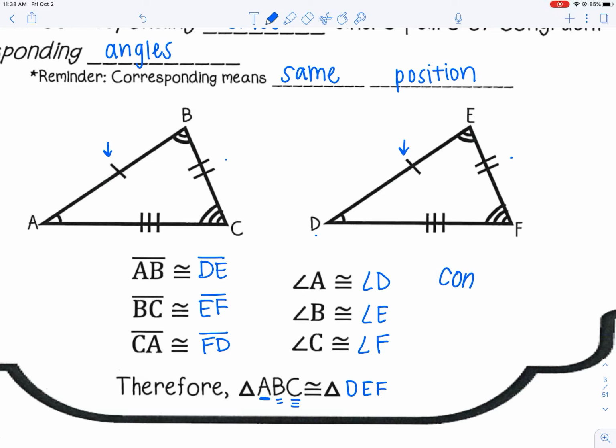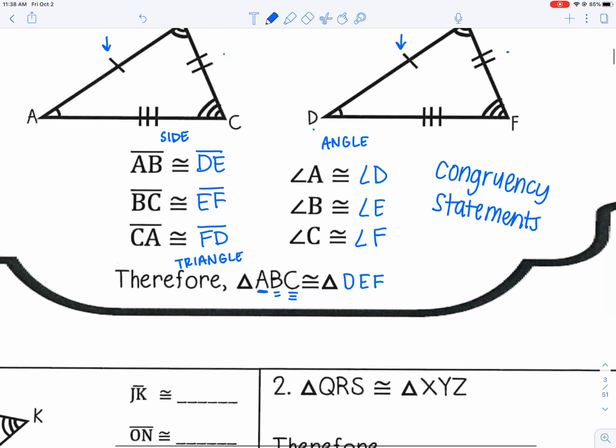All of these things we just wrote are called congruency statements. We have side congruency statements, angle congruency statements, and triangle congruency statements. And we are going to use those congruency statements to tell what sides, angles, and triangles are congruent.